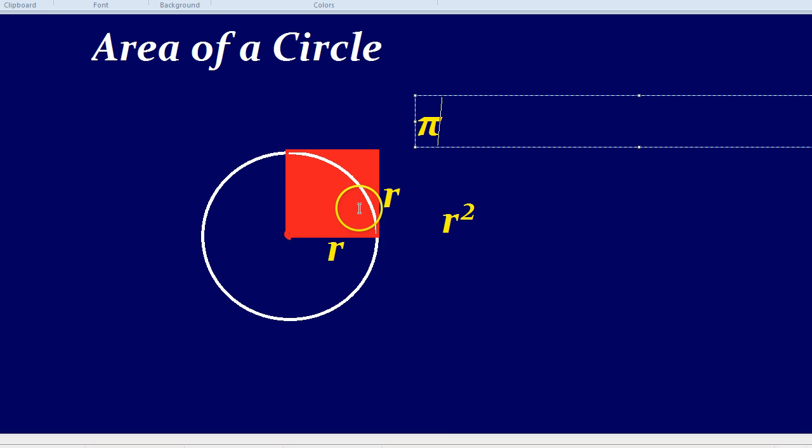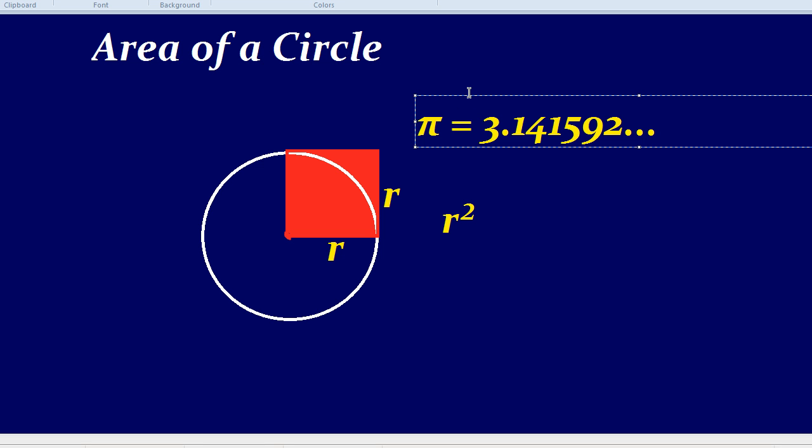You see that square, r squared? If you imagine that fitting inside the circle, how many of those would fit inside the circle? In other words, how many r squareds would fit inside that whole circle? Well, the answer is pi. In case you didn't watch the other video, pi is 3.141592, carrying on forever.